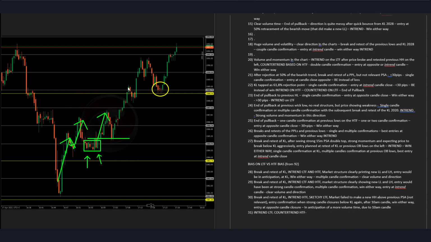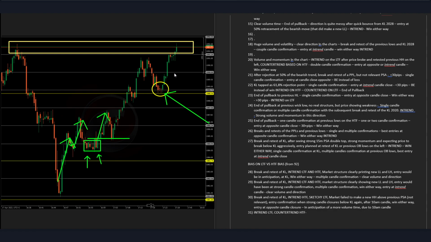I would also love these candle entries. Like this one would be a very aggressive break and retest, but as you can see here, it's probably very difficult to enter based only on the lower time frame, because the more you approach this strong possible supply area, the less you would like to take a buy after this double top.